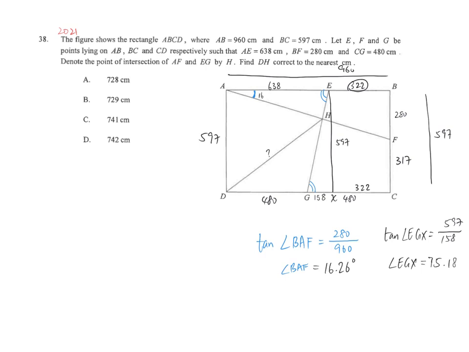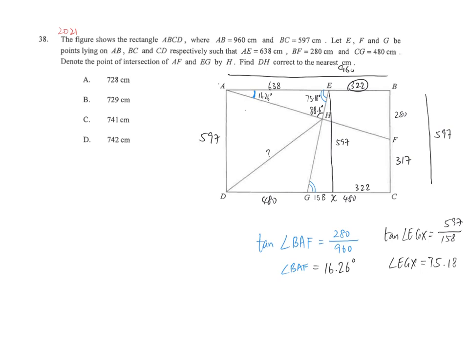Okay, so now let's put those numbers in: 16.26 and 75.18. If I'm going to use sine law, I need to find the angle EHA as well. That's trivial because it's 180 minus the angles that we just found, which is 88.6.